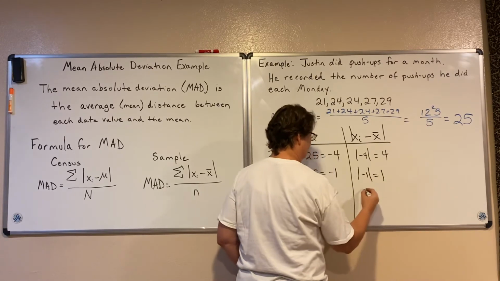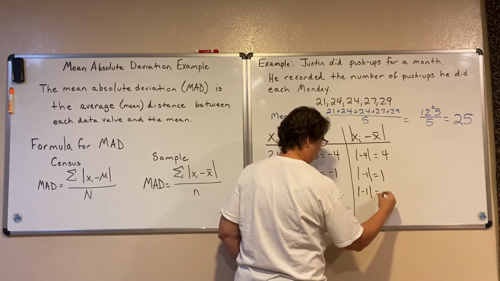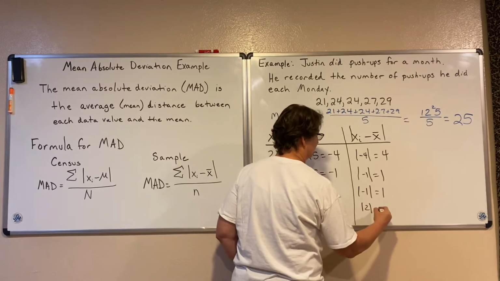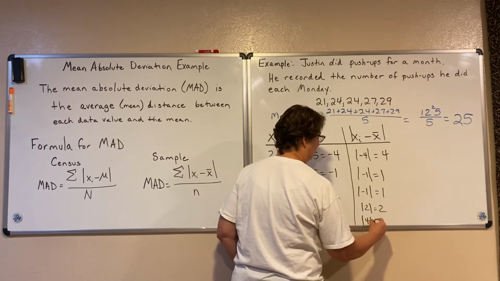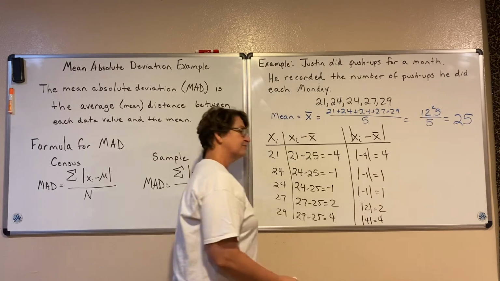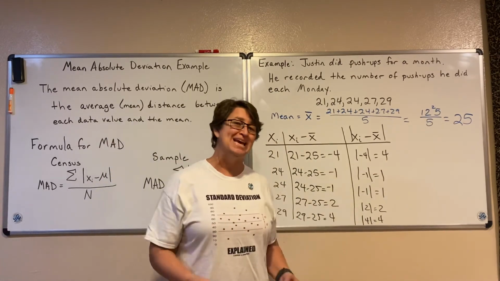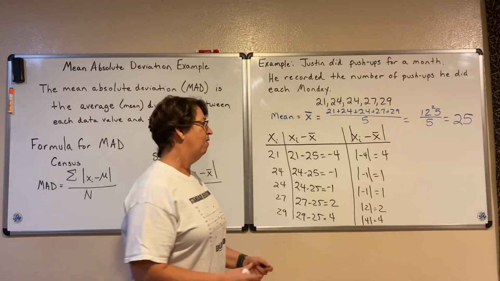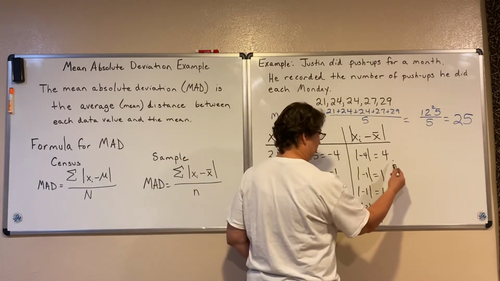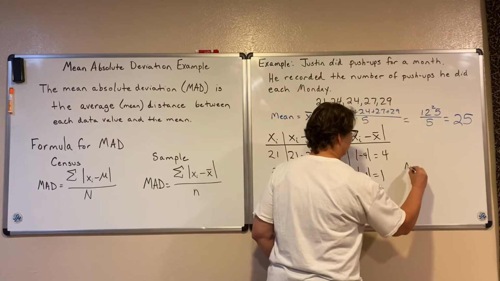The absolute value of negative 1 is 1. The absolute value of 2 is 2. And the absolute value of 4 is 4. Now that I found those distances, I'm going to find the average, or the mean distance from the mean. So I take each one of those and add them together.